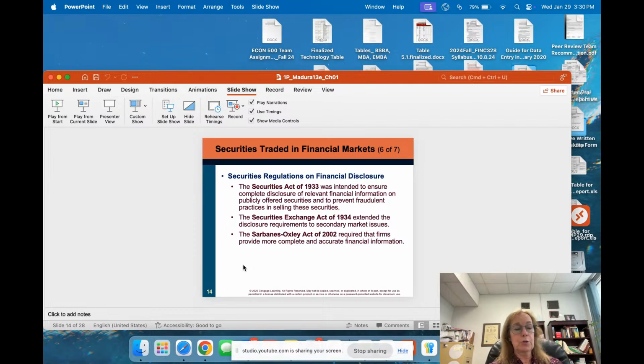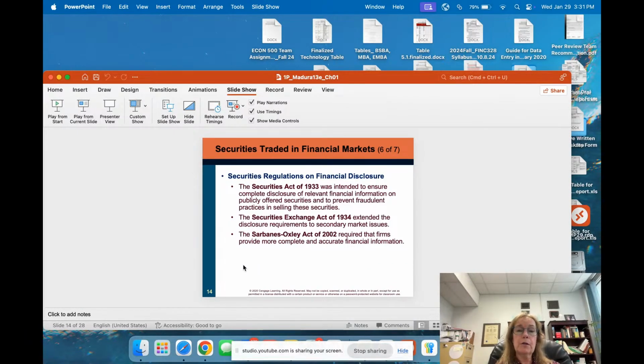So in order to prevent another crash, they came up with the Securities Act of 1933, which prevents a lot of the fraudulent practices that were taking place in the market. That was for IPOs. In 1934, they expanded the Securities Act to include secondary market issues.